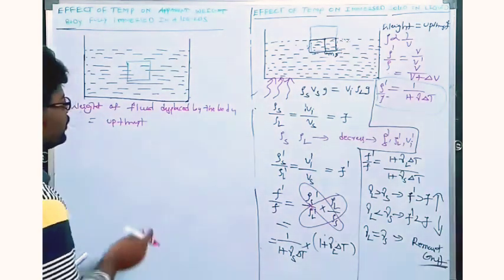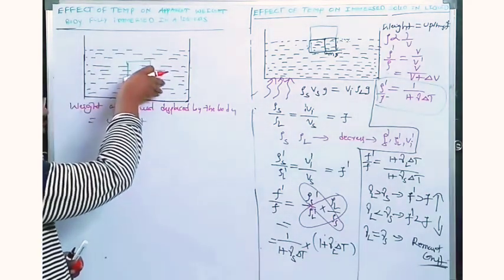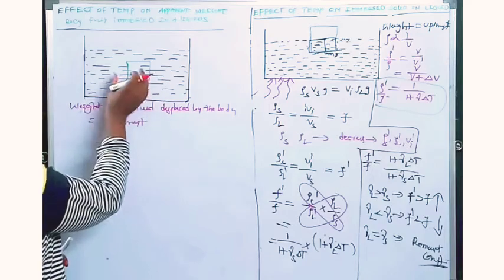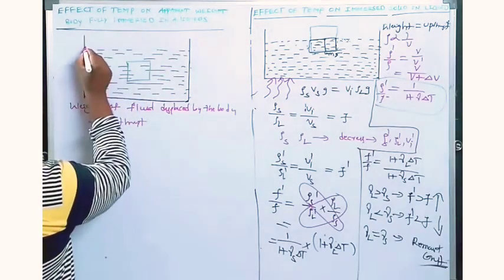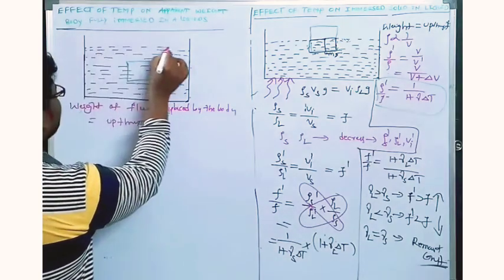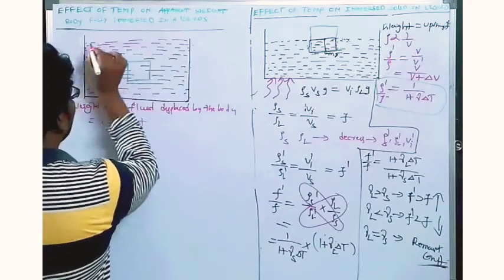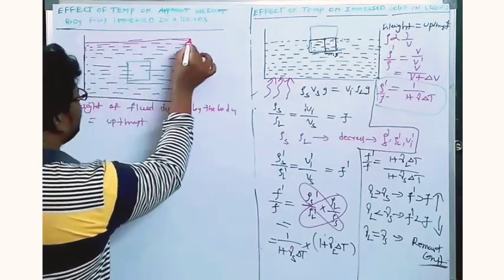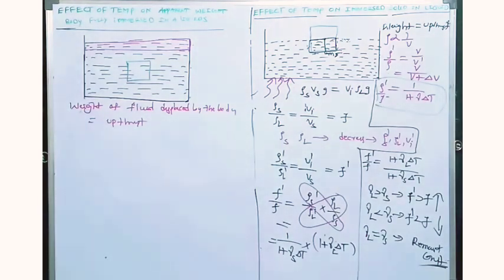Weight of the fluid displaced by the body means, whenever you immerse a solid in a liquid, the level of the liquid will rise like this. And the weight of this portion of the liquid is equal to the upthrust force, or buoyancy force.